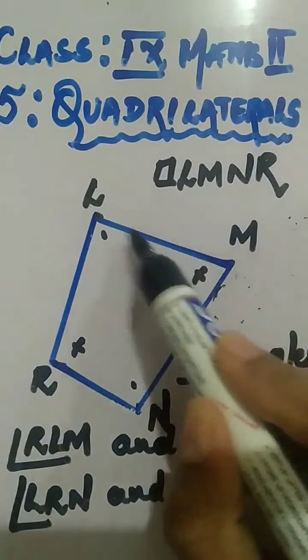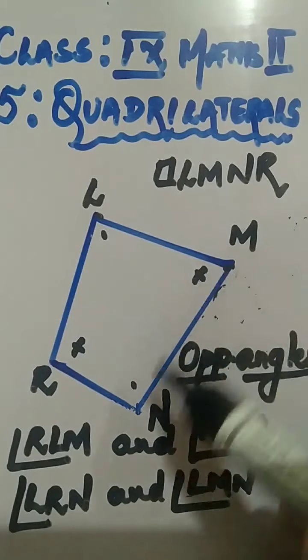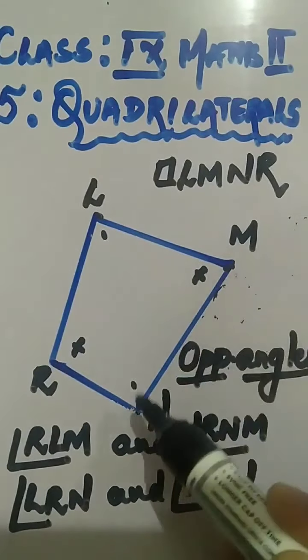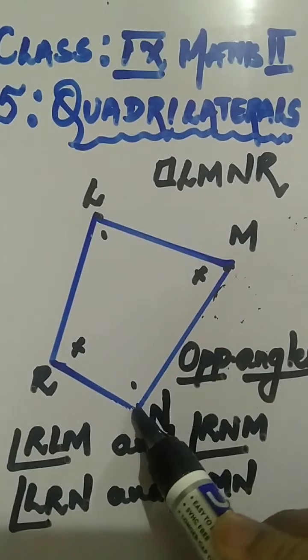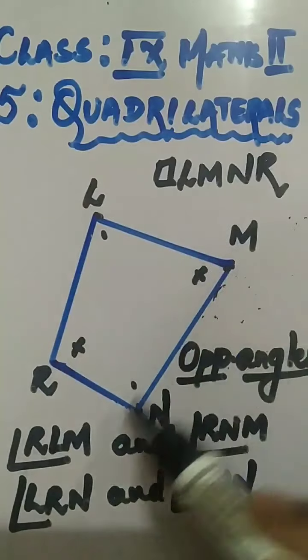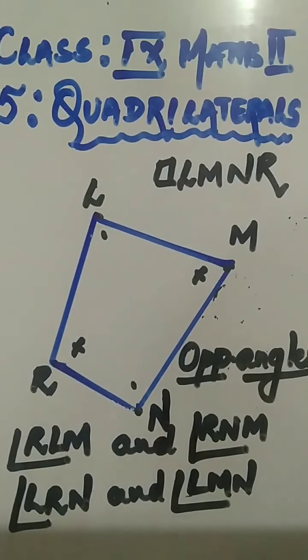Same way, these two sides are meeting at M. M is the vertex. Now MN and RN, N is the vertex. RN and LR, R is the vertex. So we have four vertices for a quadrilateral. Triangle had three vertices.